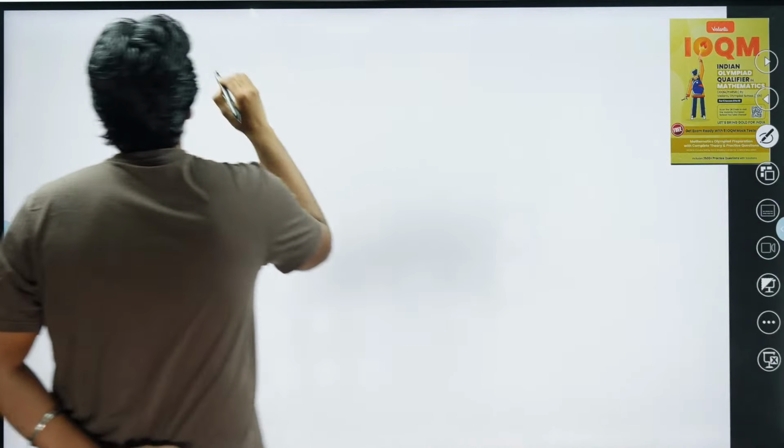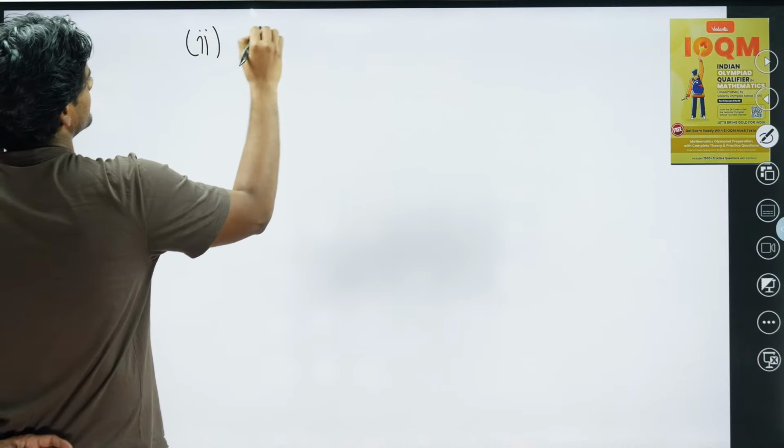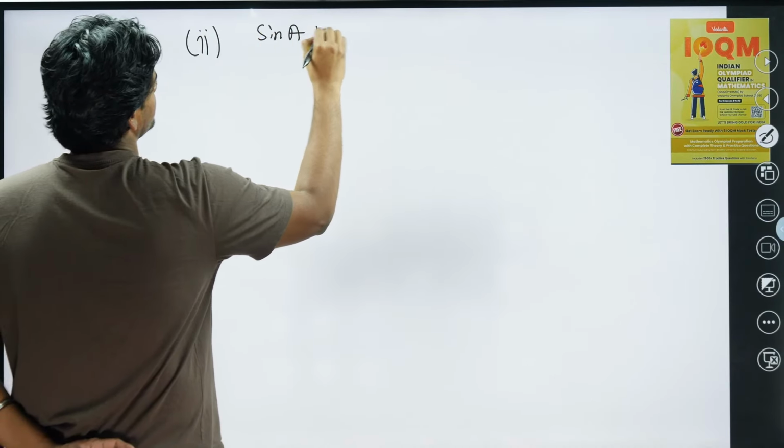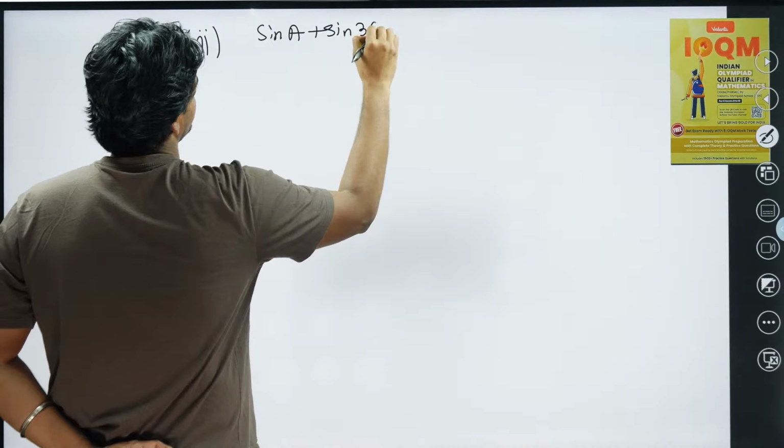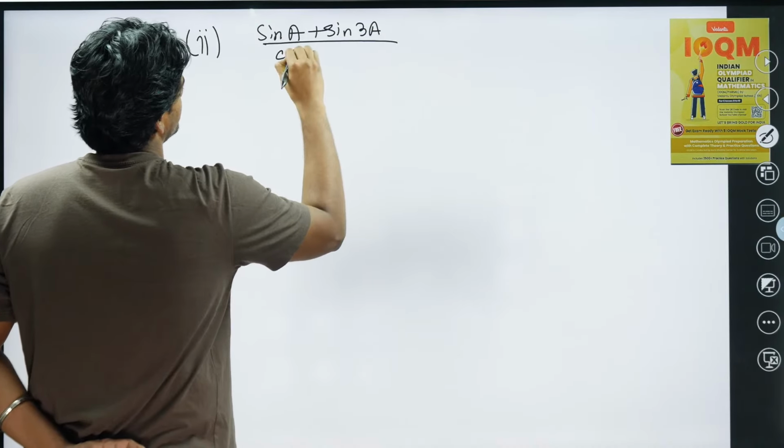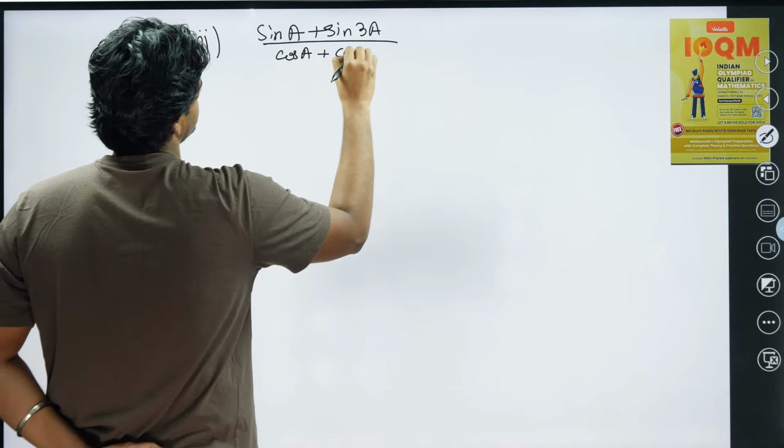And similarly this, a and 3a: sin a plus sin 3a by cos a plus cos 3a.